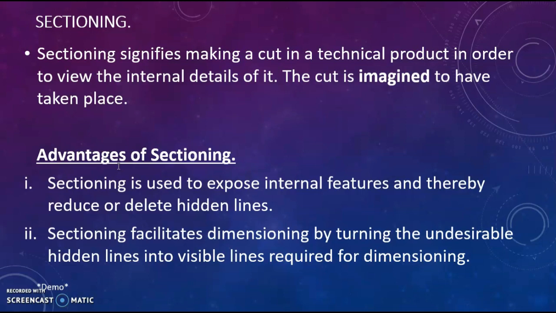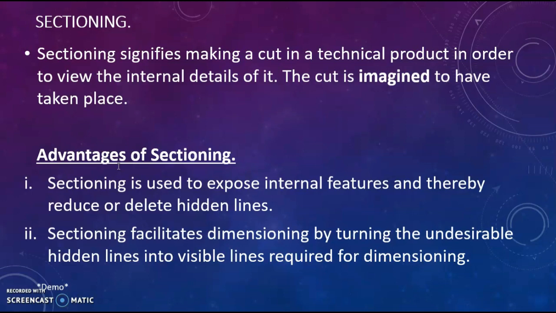And also, sectioning facilitates dimensioning by turning the undesirable hidden lines into visible lines required for dimensioning. When we are talking about dimensioning, we mean giving dimensions to objects. These drawn objects, we give them dimensions. So whenever we have sectioned this product, it facilitates our dimensioning. What do I mean by that? When you have an open cut of an object, you get to know the right dimensions of these internal parts.